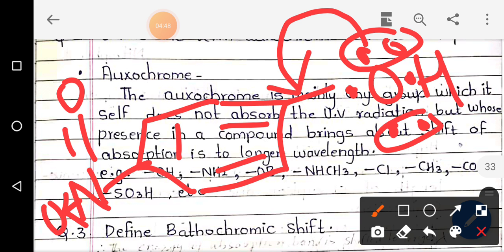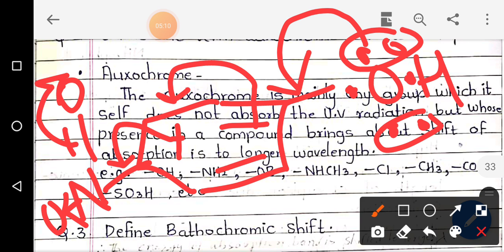As the conjugation increases, this bond shifts here, forming new bonds, this bond breaks, and this breaking bond shifts here, forming a new bond. In this way we get the different resonating structures.